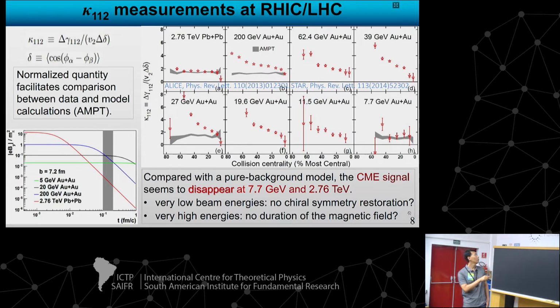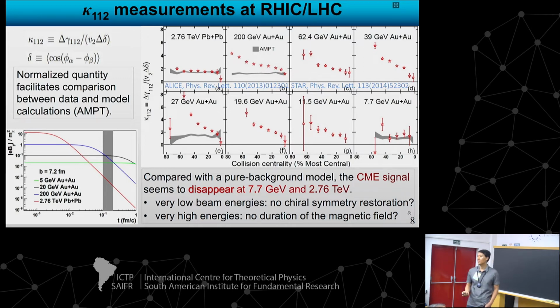The red represents 2.7 TeV, and this is for an impact parameter of 7 fm. Initially, at the higher energy, you do have a higher peak magnitude of the magnetic field. However, it drops very, very quickly, much faster than at lower energy. By the time of 0.1 fm/c, before you even create any quark or gluon, this magnetic field is already lower than that at 200 GeV, shown in blue, by two orders of magnitude.